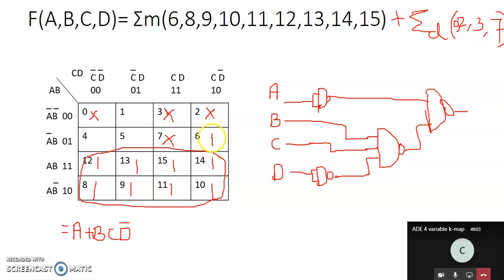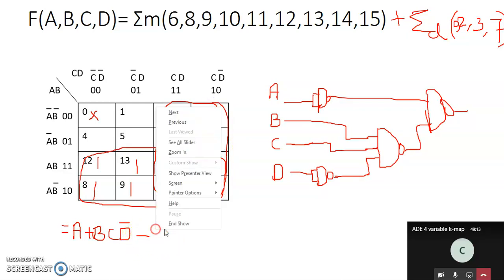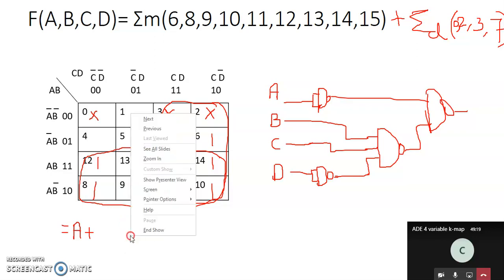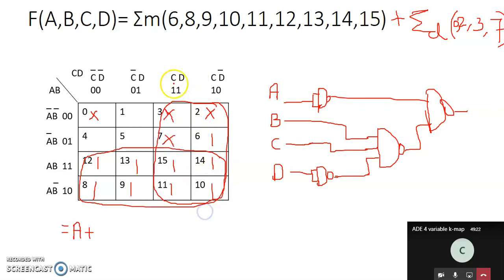In order to make this grouping, I'll make all these 8 in one group, so it covers the maximum number of ones. What is the result for this? C. So A plus C is the result. I'm not considering this X because it is not necessary for me, so I just neglect that. That is how we are going to do it.